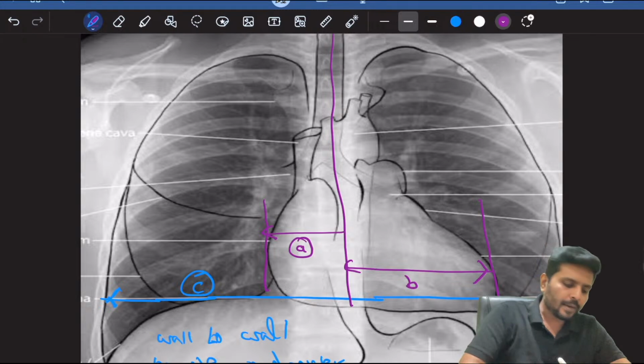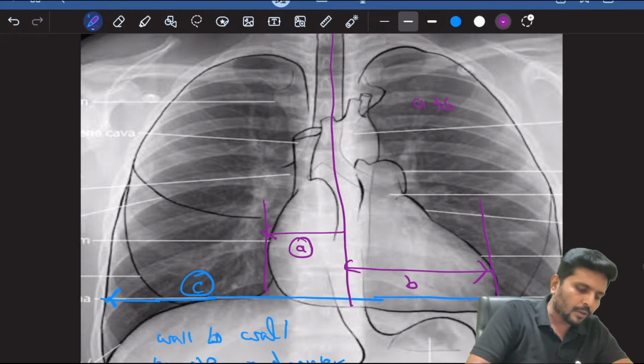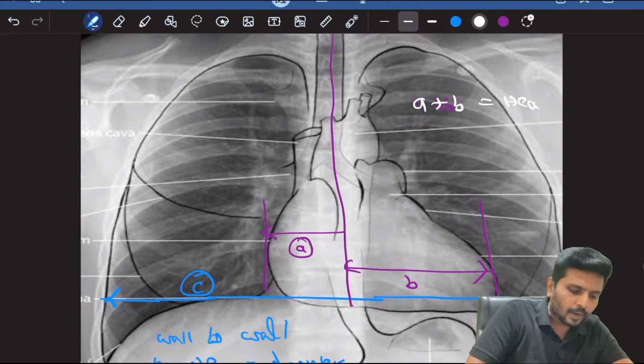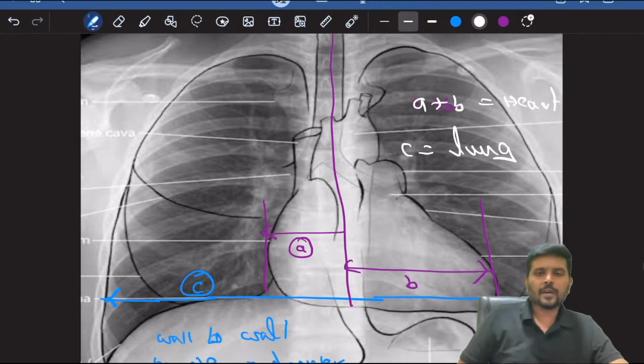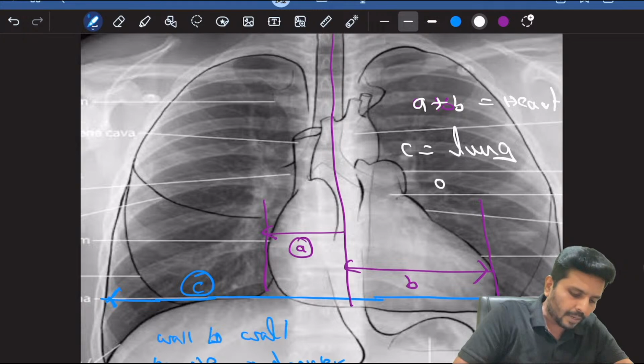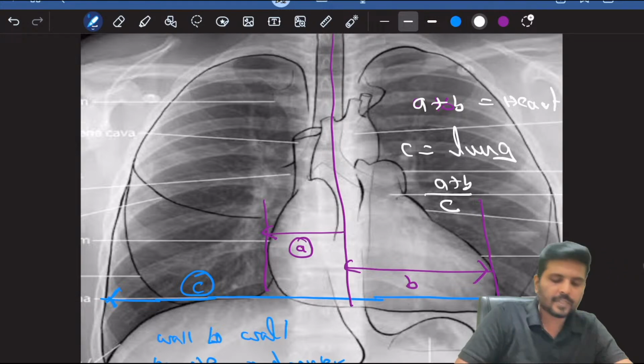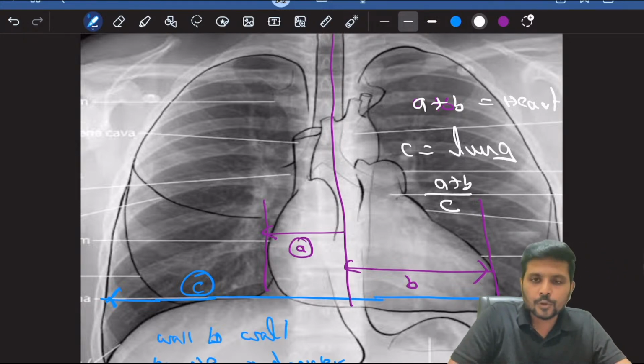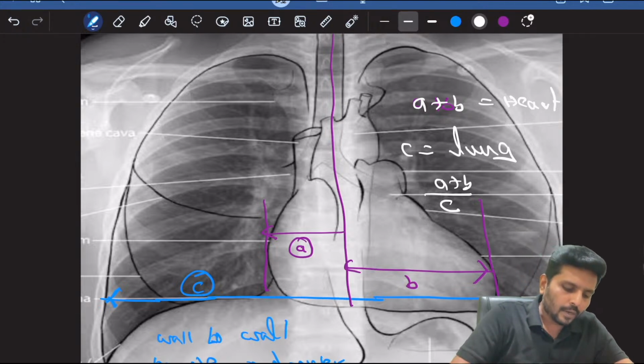So what does it mean? A plus B is equal to the heart, whereas C is equal to the lung distance. Remember, normally A plus B divided by C shows how much your heart occupies the volume of the chest. It is usually less than 50%.